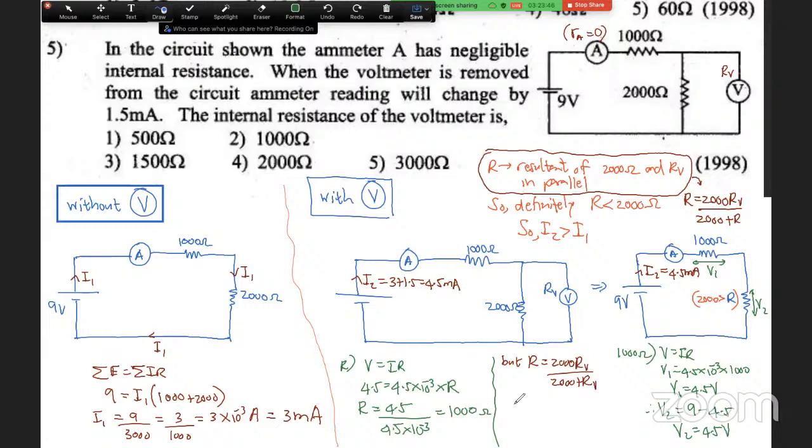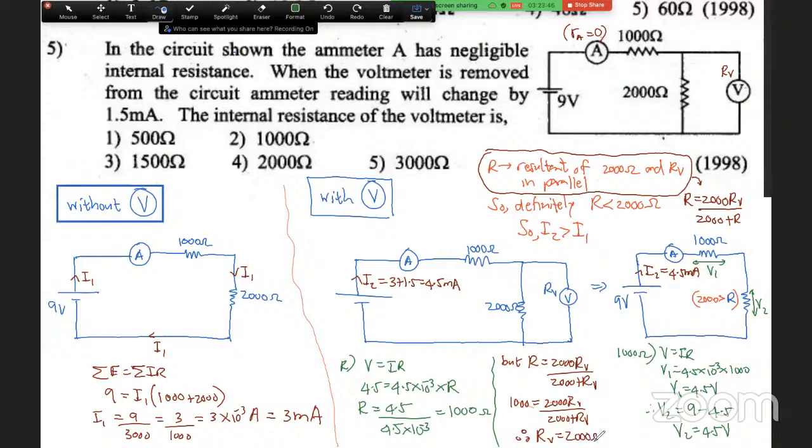For R you can put 1000 now, so 1000 equals 2000 RV over 2000 plus RV. Hence you can cancel out these 3 zeros. I think RV will be 2000 ohm. Yeah, if you simplify this, you will get 2000 ohm for RV.